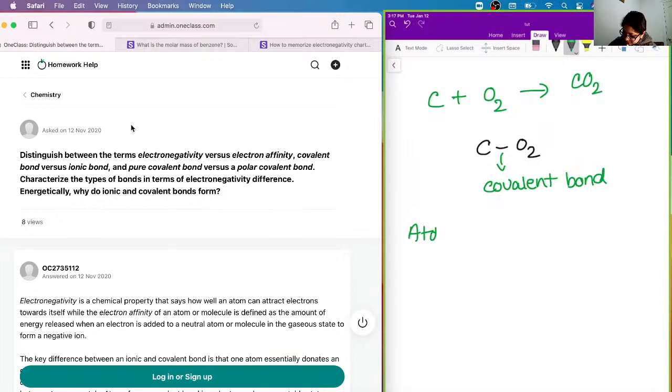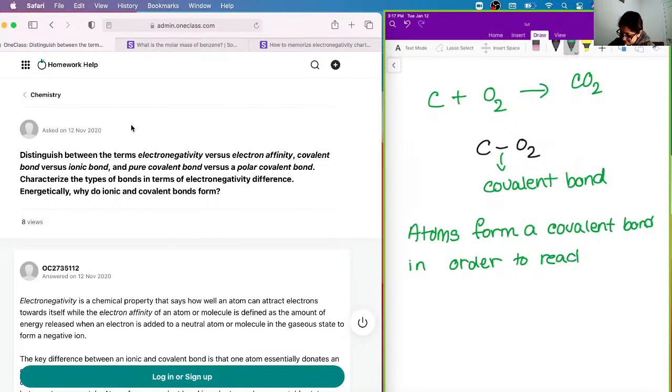Atoms form a covalent bond in order to reach a more stable state.